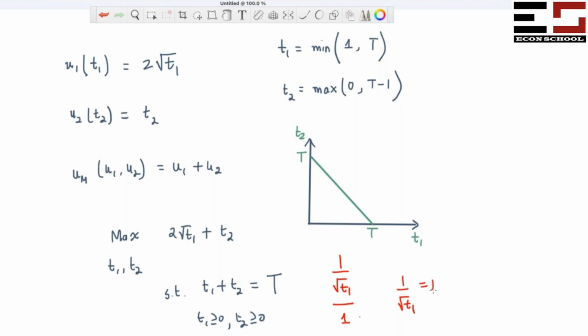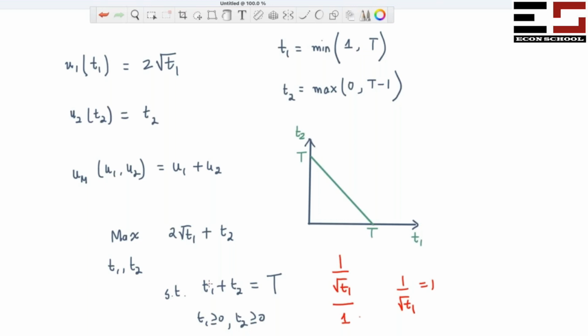So if you equate this to 1, what are you going to get? What you're going to get is T1 equal to 1. Okay, but that is only possible if capital T is greater than 1. Because if capital T is not greater than 1, you cannot get 1, right? Because if the total amount of time that the mother has is, let's say, 0.8, how can she allot 1?